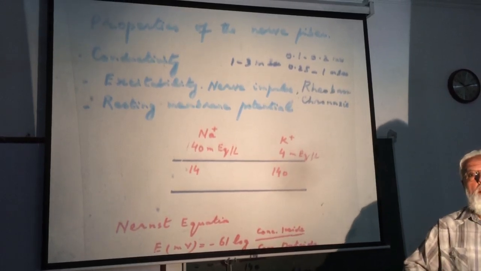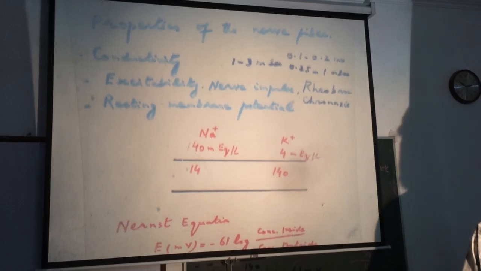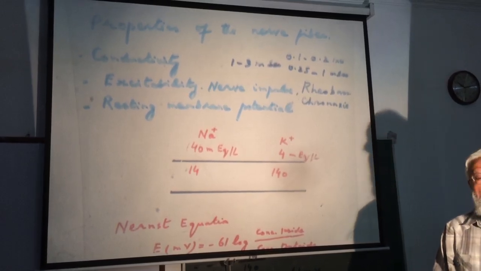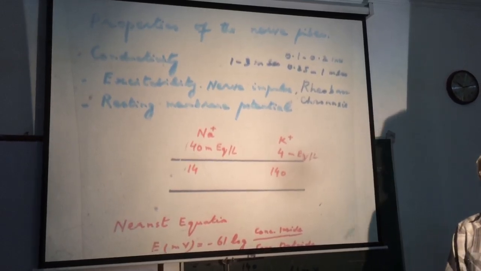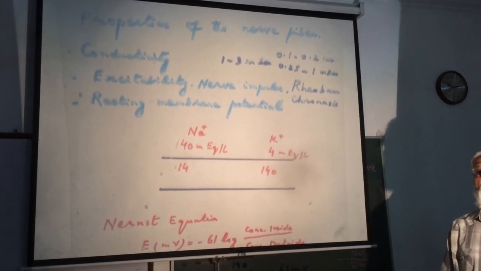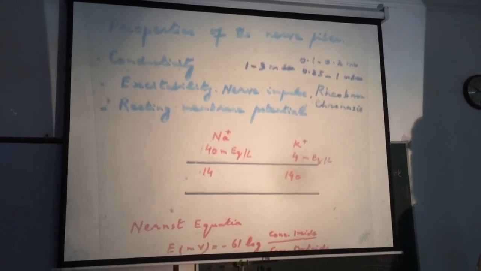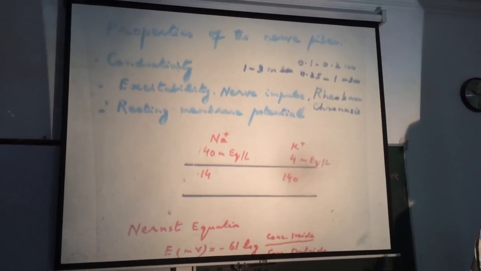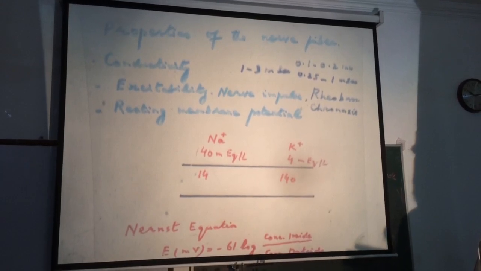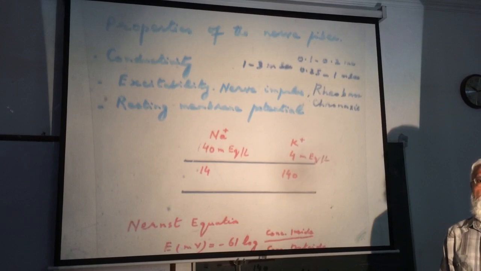Now we come to the mechanism of the resting membrane potential. The major factor involved is the outward diffusion of potassium through potassium leak channels.